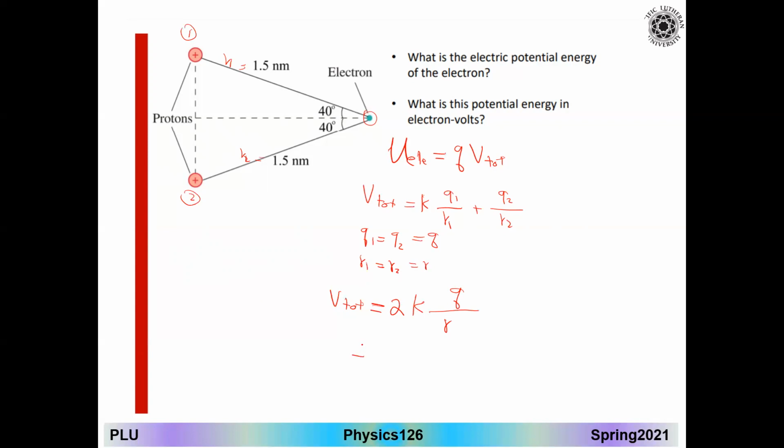Now I can use my electric potential. Here is the 2, here is the 9 × 10^9 newton meter squared per coulomb squared, times 1.6 × 10^-19 coulomb divided by R, 1.5 × 10^-9 meter.